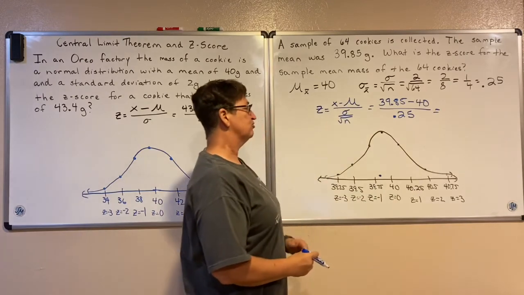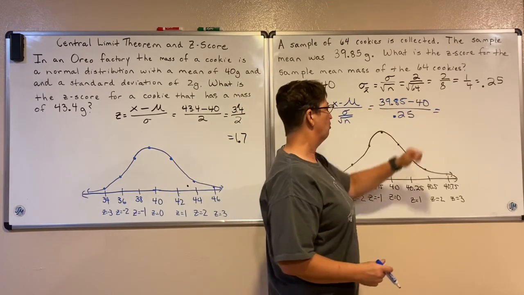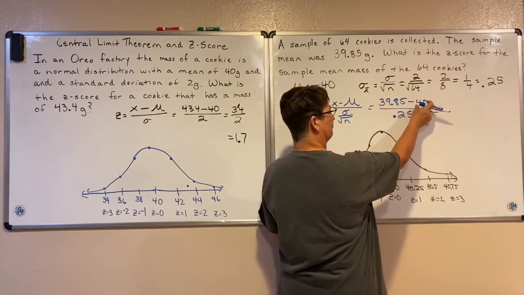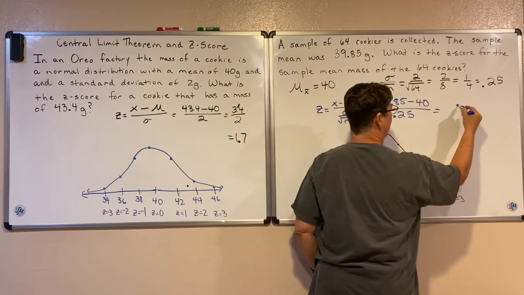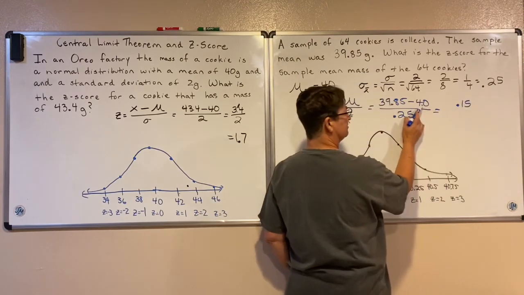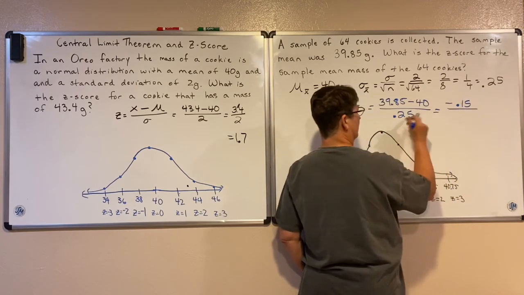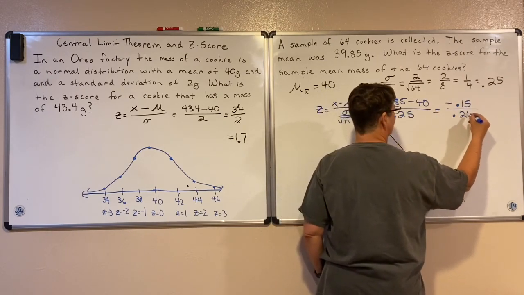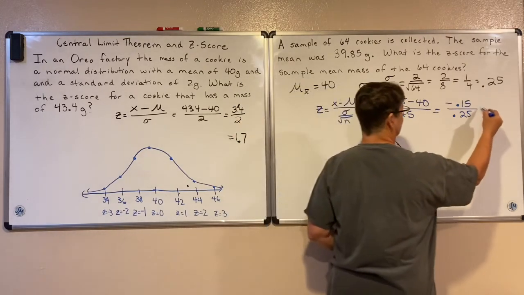So now I do some subtraction. 39.85 minus 40. Remember, really, you're just doing 40 minus 39.85 to get 0.15. But because this one's bigger and it's negative, it stays negative. Divided by 0.25. So now do a little more subtraction here.